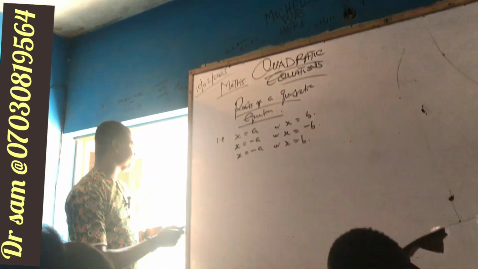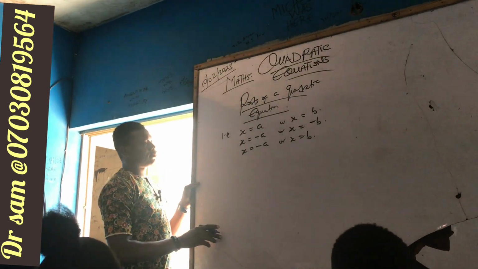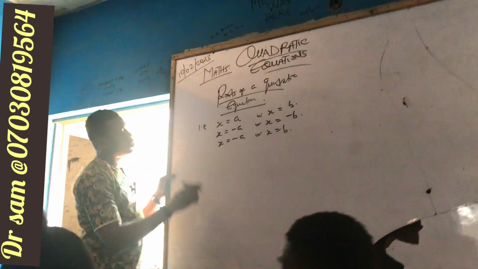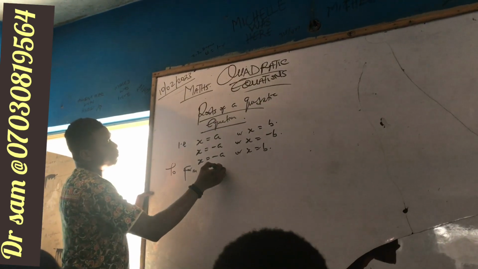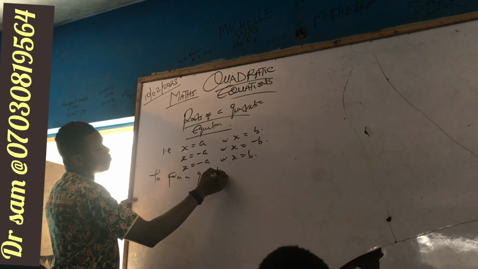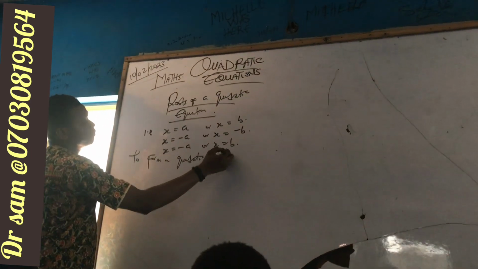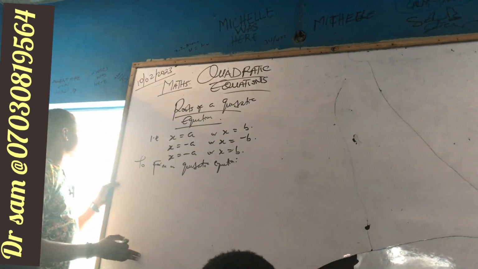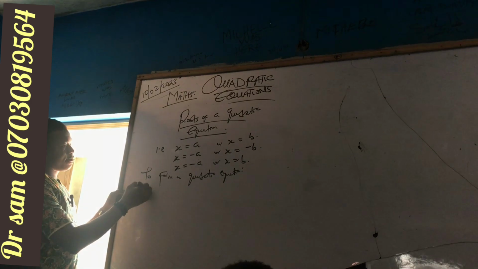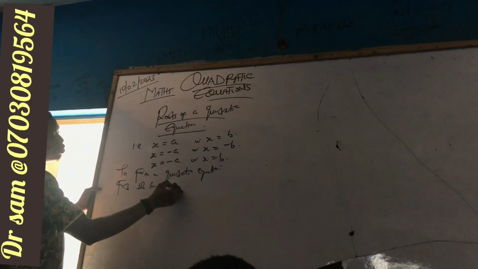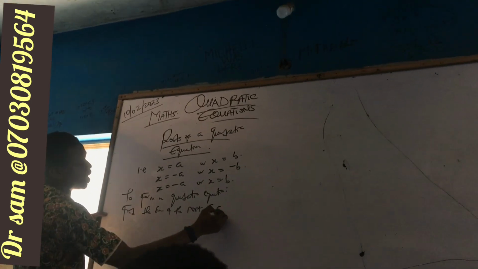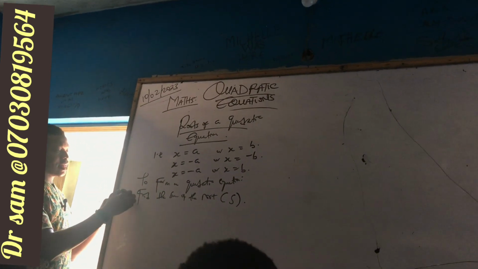Now let's see. To form a quadratic equation, find the sum of the roots, S. That's point one.